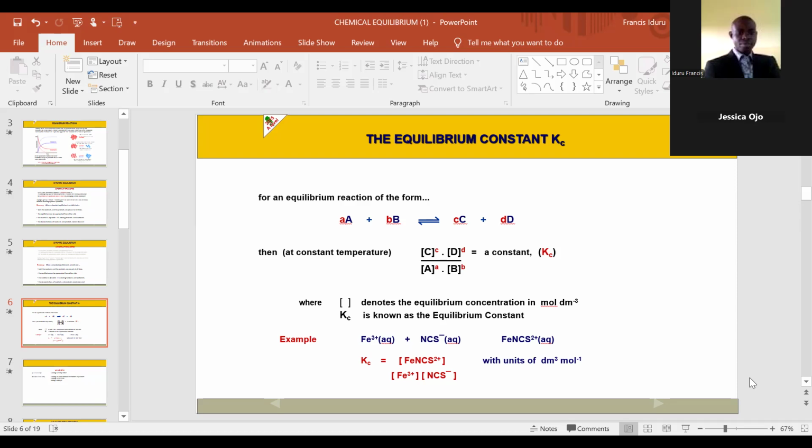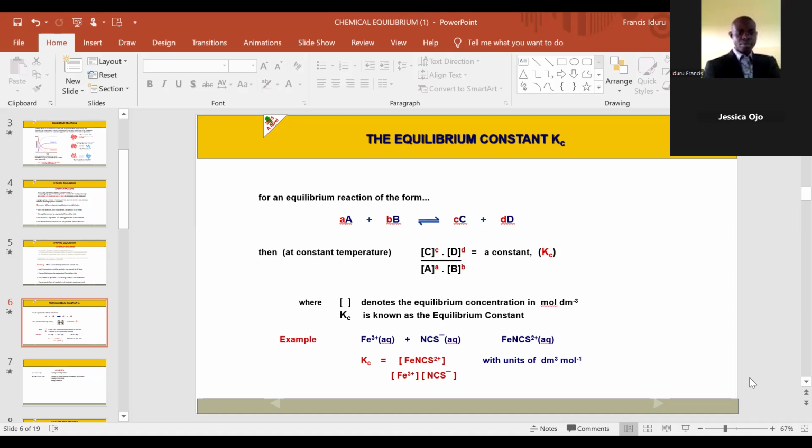We also do that when we do examples. So what is Kc? Kc is the ratio of the concentration of the product over the reactant, raised to the power of their respective number of moles.